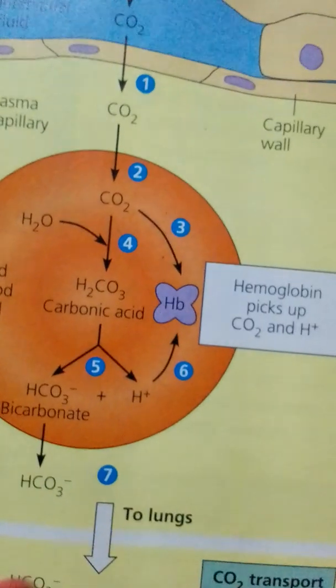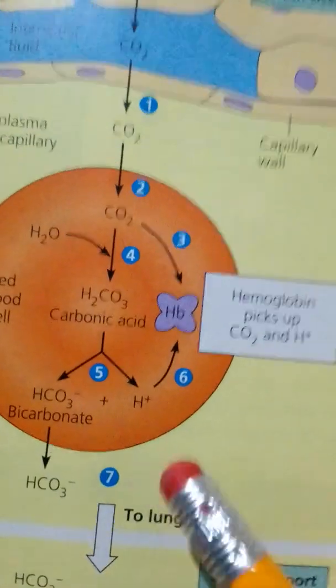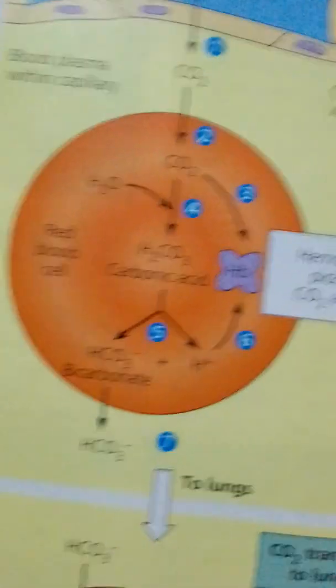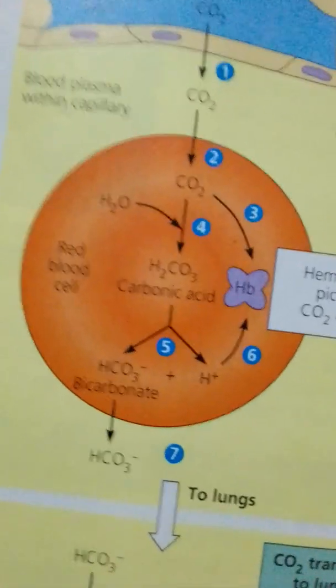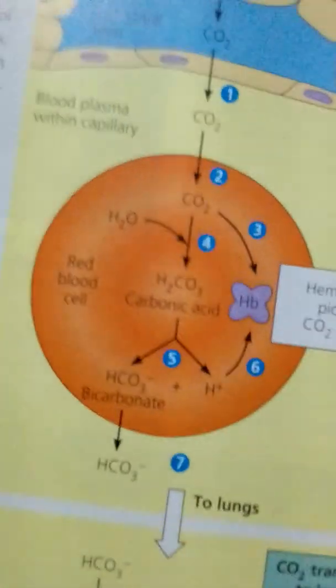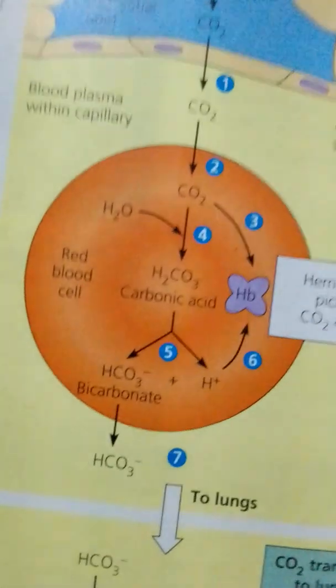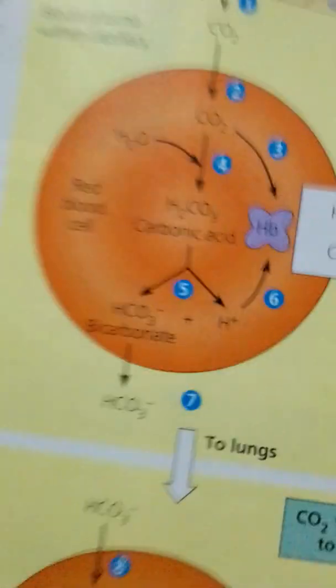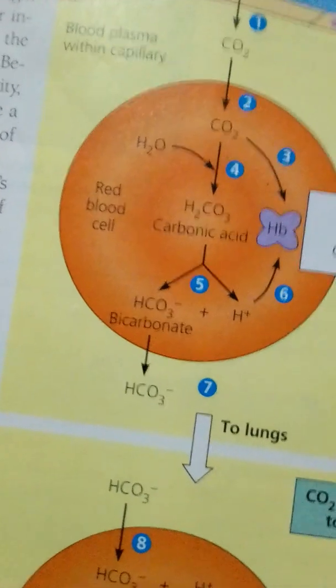Step 7: Most of the HCO3 minus diffuses into the plasma, where it is carried by the bloodstream to the lungs. Step 8: In the lungs, HCO3 minus diffuses from the plasma into red blood cells, combining with H positive released from hemoglobin and forming H2CO3. Step 9: Carbonic acid is converted back into CO2 and water.